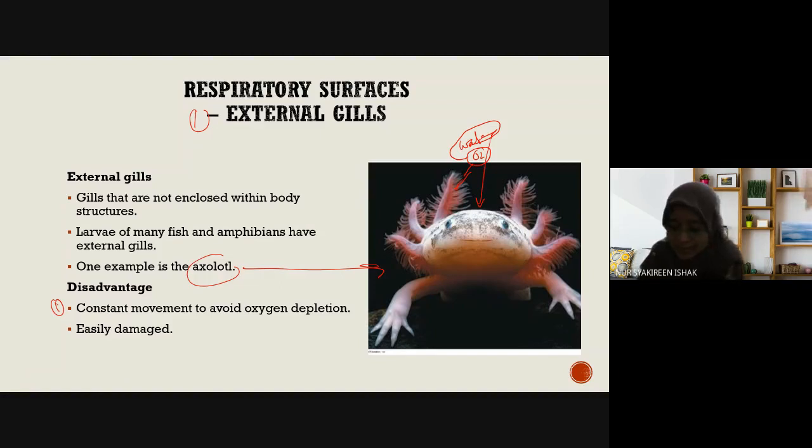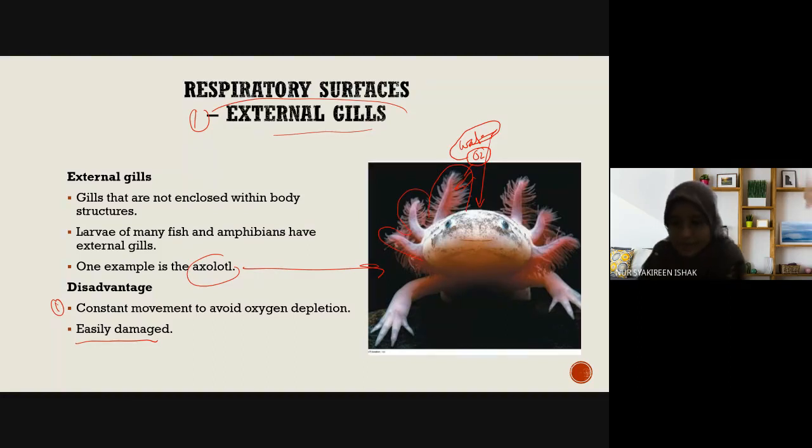Okay, so for this animal that has external gills, in order to make sure that oxygen is continuously supplied from water into the gills, this animal has to constantly move, okay, to make sure that water flows in between the gills so that oxygen can be extracted. So they are easily damaged, okay, they are not protected like internal gills.